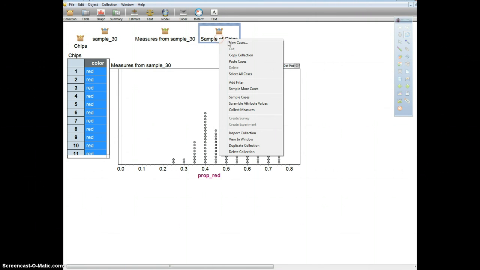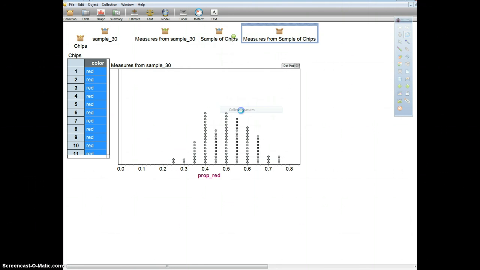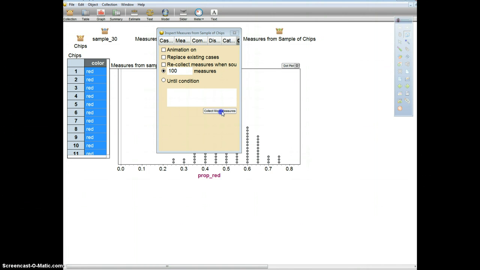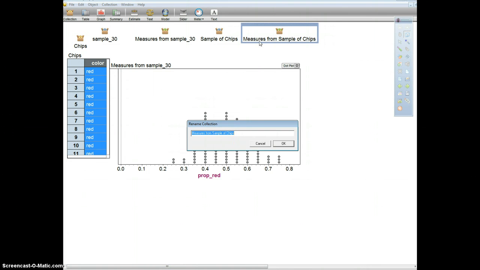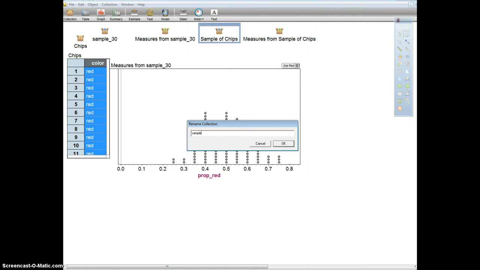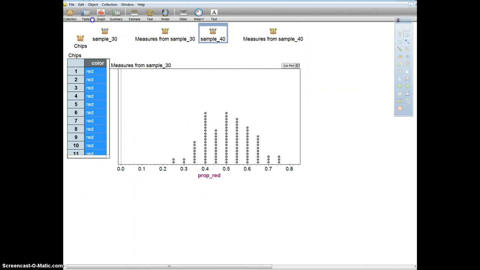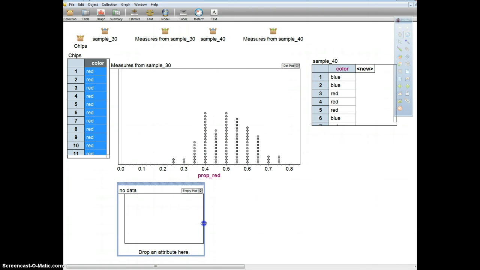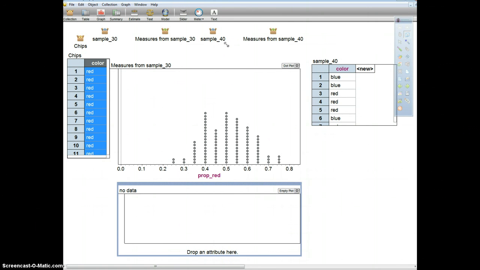And then I'm going to come over here and I'm going to collect 100 of those, just like we did earlier. Okay, I'm going to name this so that I know that this sample size is 40. And then there's my table from my sample of 40. We're going to graph it so that we can see it in comparison to this one.